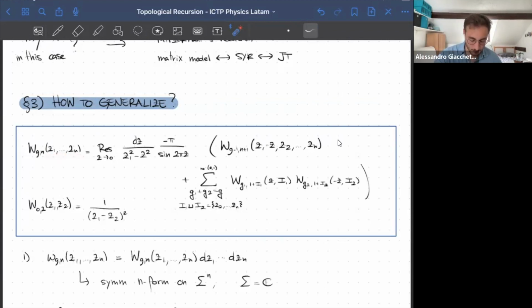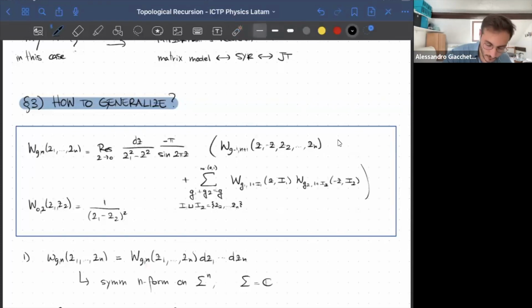The way they transform is more like differential forms. So the basic objects to consider are actually these omega GNs, which are these WGNs multiplied by dz1 up to dzn.